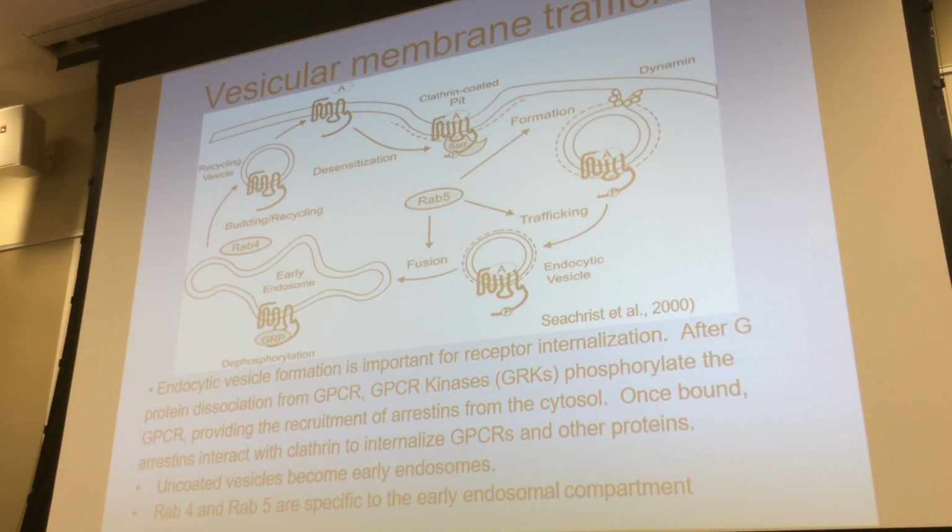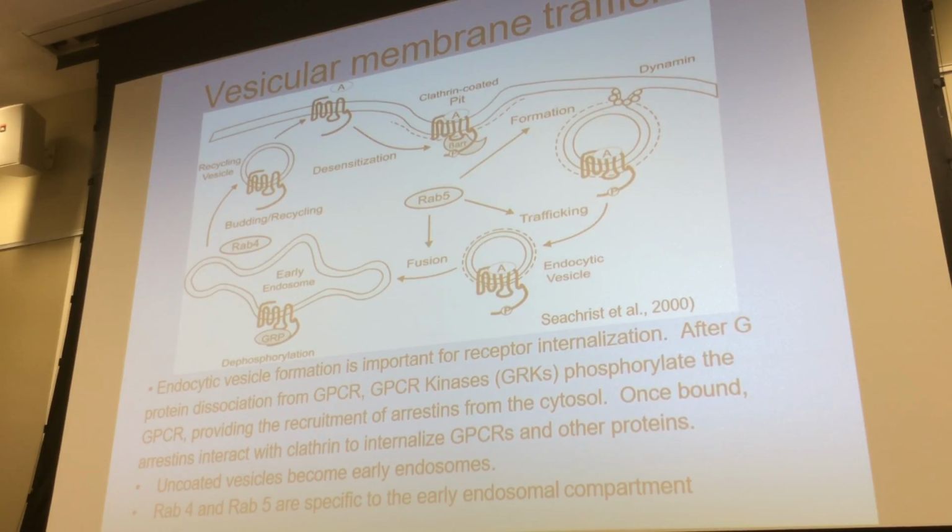So if you look at your soccer ball, you'll see it's got 5-membered and 6-membered rings. That's how a soccer ball is made. And that's exactly the way that this is made: those 6-membered rings become the 5-membered rings, and that causes the curvature. So then it gets budded off with a little protein called dynamin.